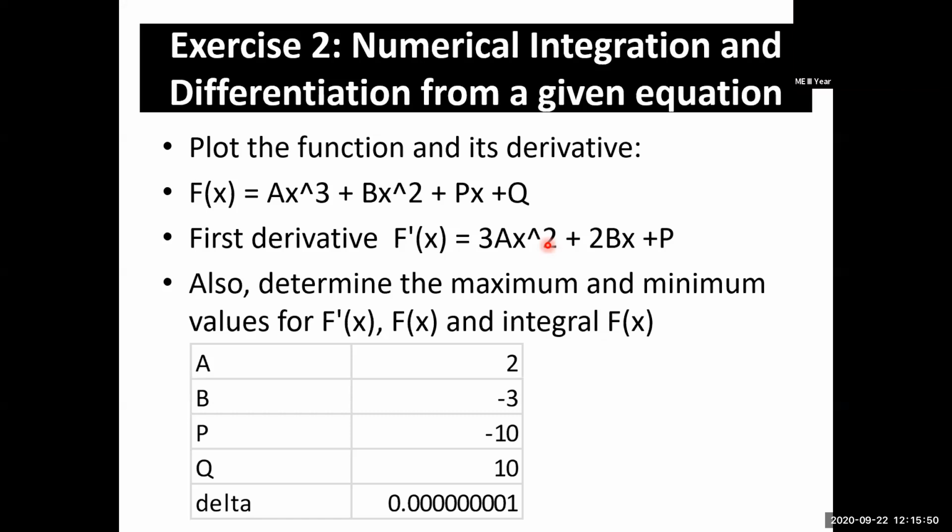Like that, here you have to find the derivatives and the integral value, and the function value. The function is already given. If you put the a, b, c values and the limit values, here the limit will be minus 10 to 10, then you can find all the values.